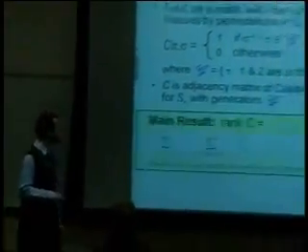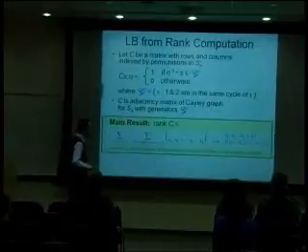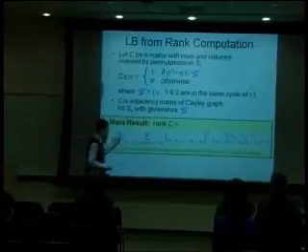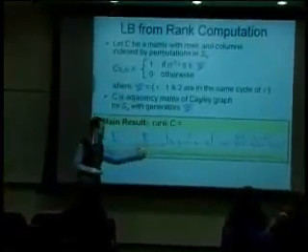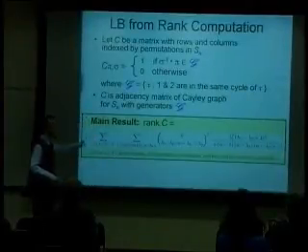That will allow us to show the following result. The rank of C has the following closed form expression: it's this double summation of multinomial coefficients with some other factors, plus 1.